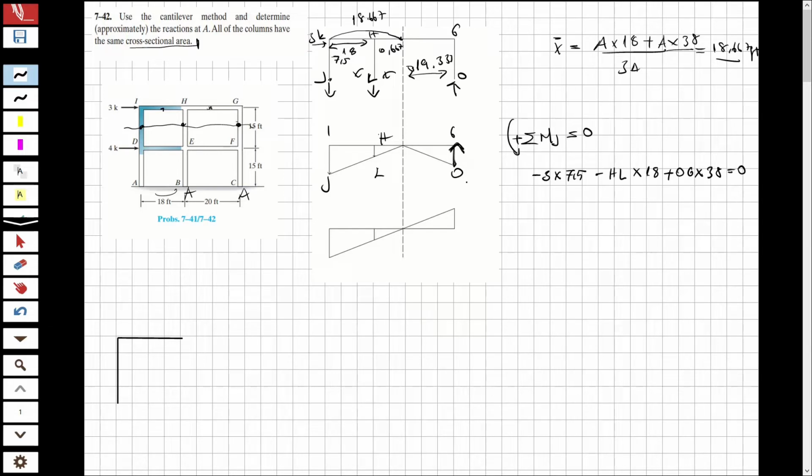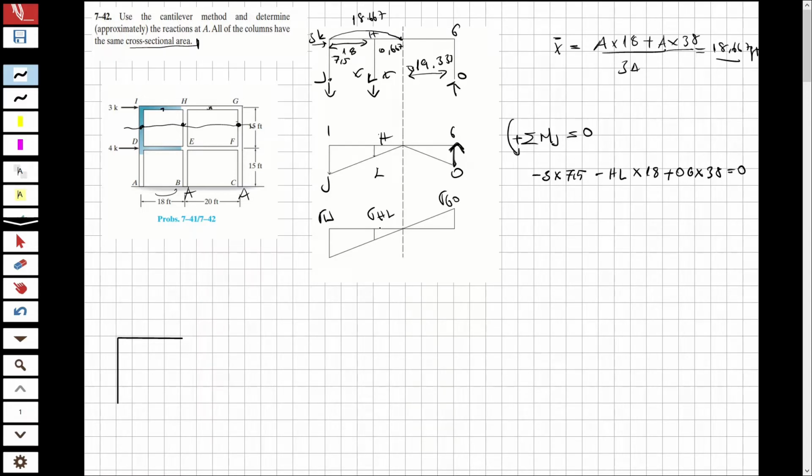Now you can see we have two unknowns and one equation, so we cannot solve this one. So we are going to solve this question using the stresses. Okay, these are the stresses, and these are all the stresses. Now I'm going to write here, these are all stresses.